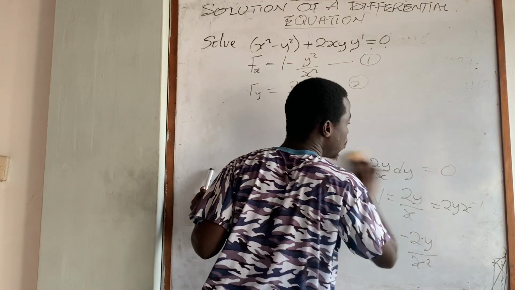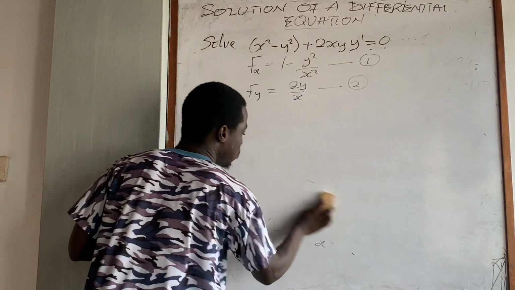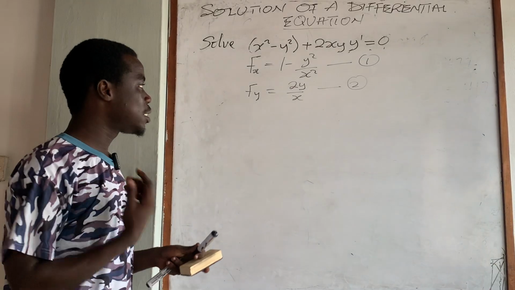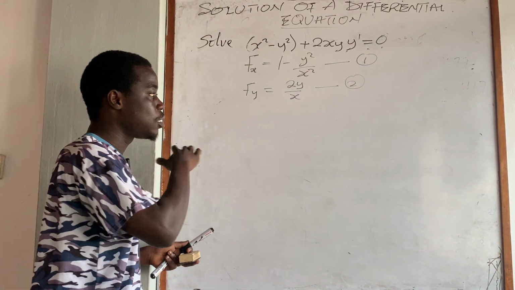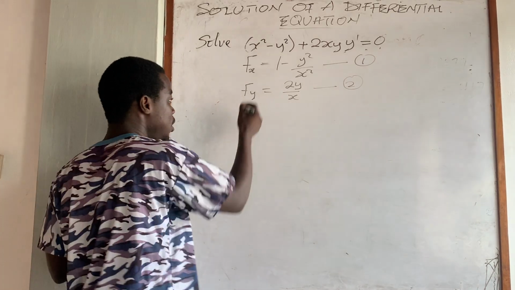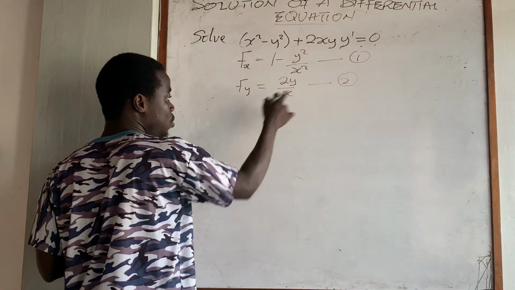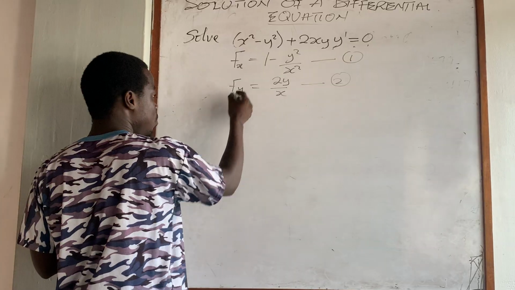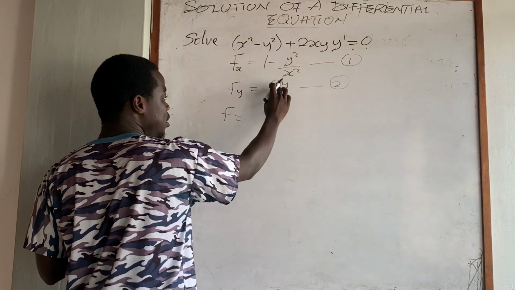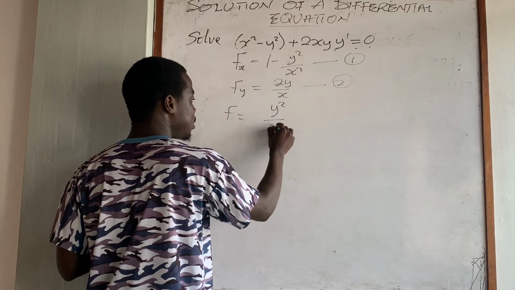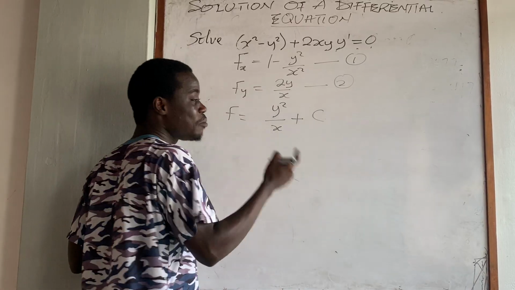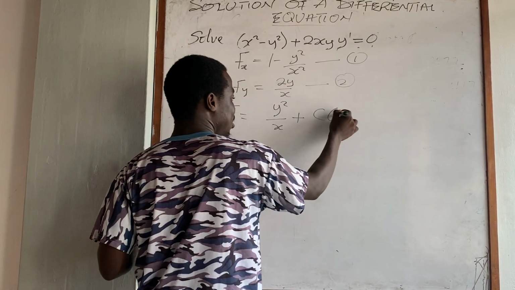So right now we are coming to work with this. Now let's clean the whole thing. So I want the one which, if I integrate, will make the thing easy for me. So what I will do is that here I will integrate with respect to y on both sides. So if I do that, I'll get f is equal to y squared over x plus a constant in terms of the other variable, which is x.